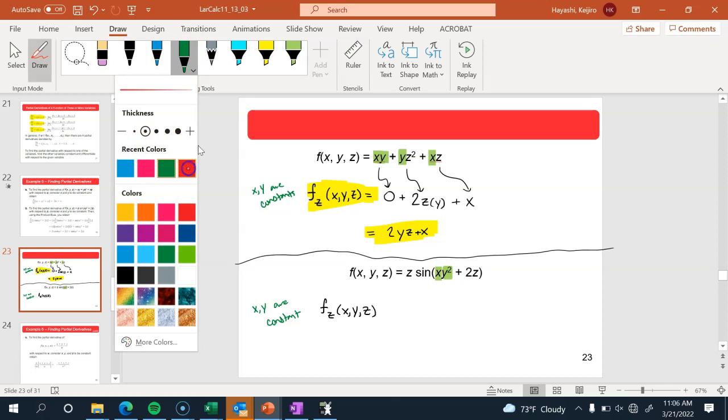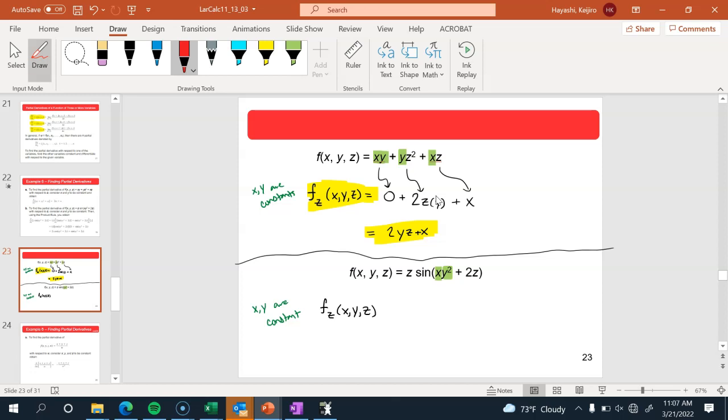So this is actually a product rule. You got one function of z, which is z, times another function of z, which is sine of xy squared plus 2z. So this requires the product rule. Our first thing, a, is z, the derivative of which is 1 when we take the derivative with respect to z as we are doing.